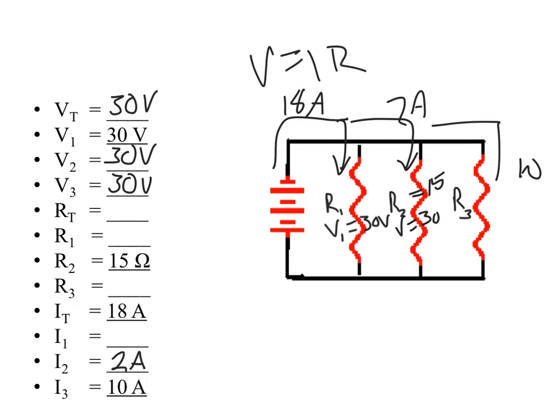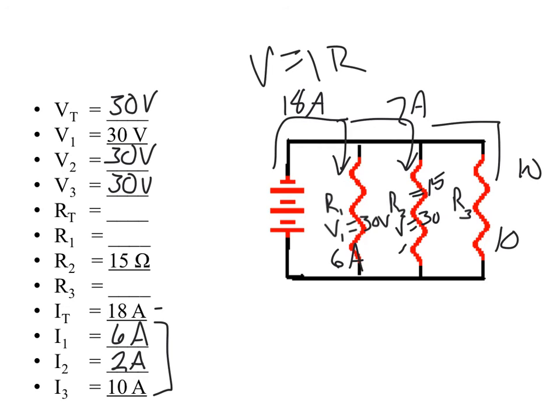So how many amps have to be going through resistor 1? 6. Because these 3 currents have to add up to my total current. Okay? So now I know that this is 6 amps, 2 amps, and 10 amps.